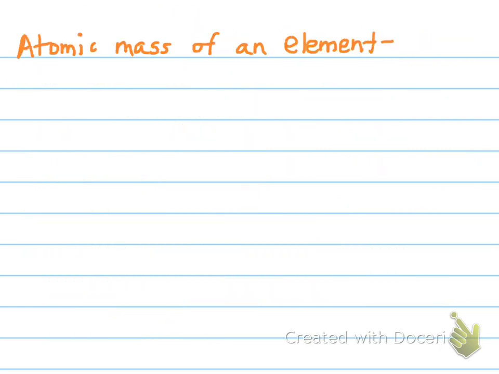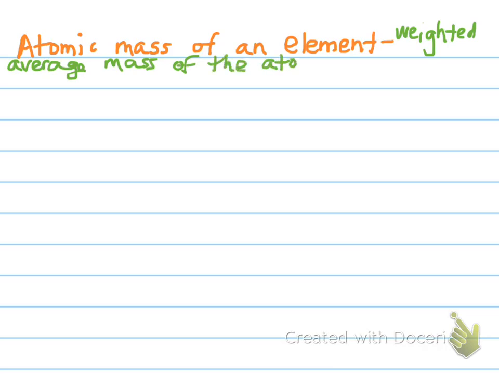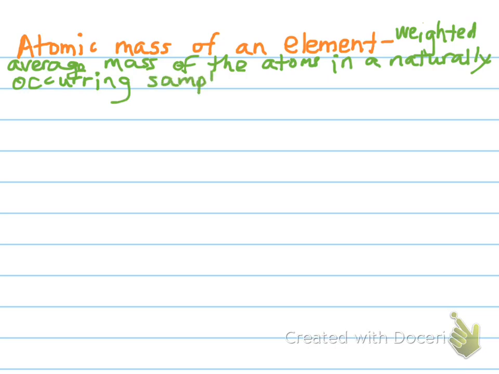So, how do we get those numbers? Those numbers are a weighted average mass of the atoms in a naturally occurring sample of the element.